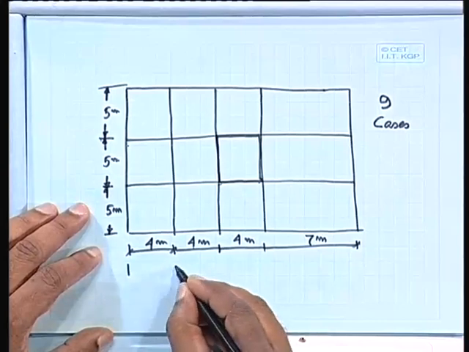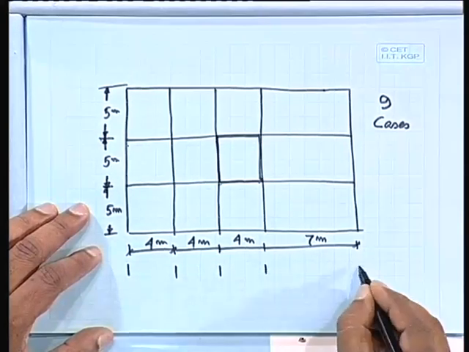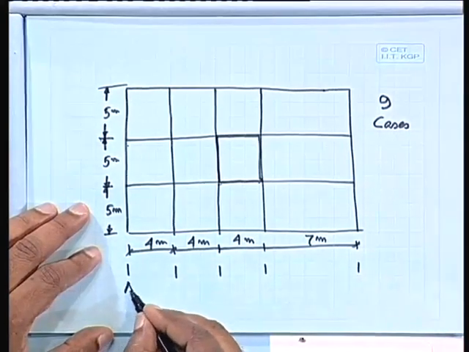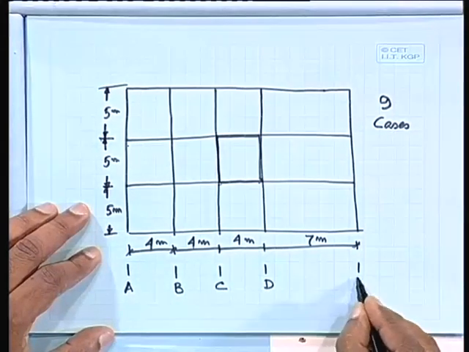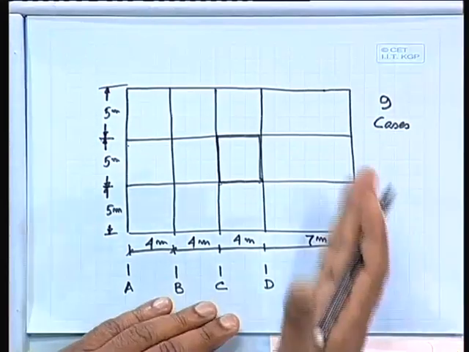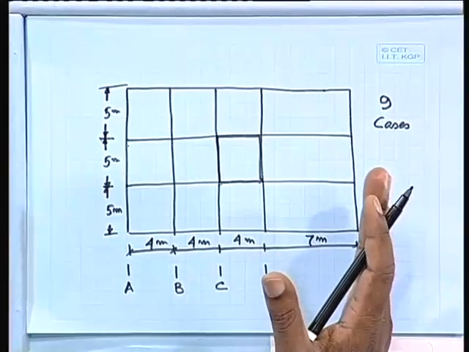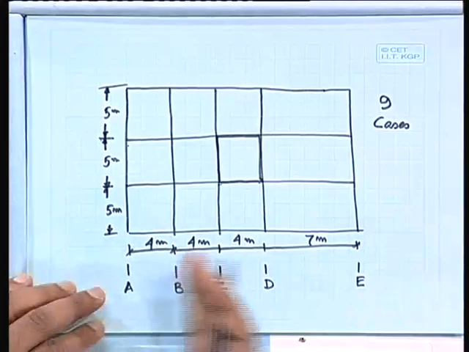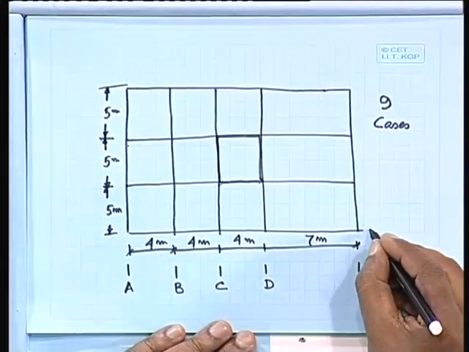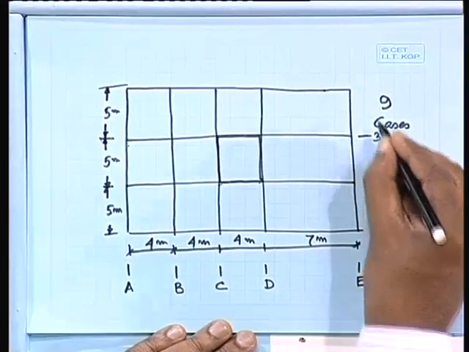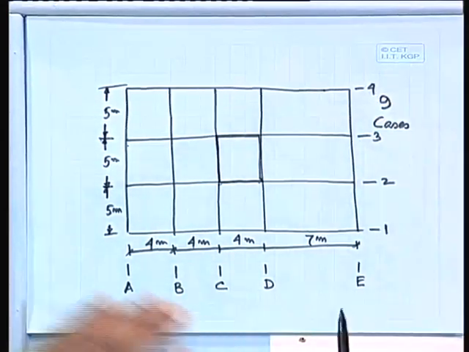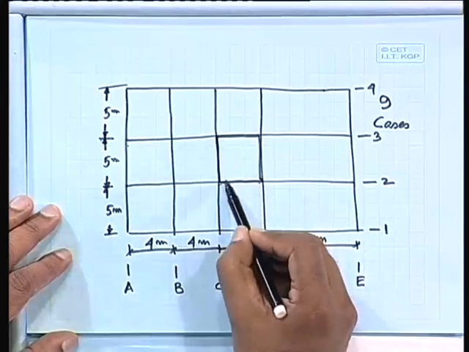To be more specific, let us give certain labels. We generally specify like this: A, B, C, D, E depending on the column position or some other break or bend, and on this side 1, 2, 3 and 4. So what is this panel?